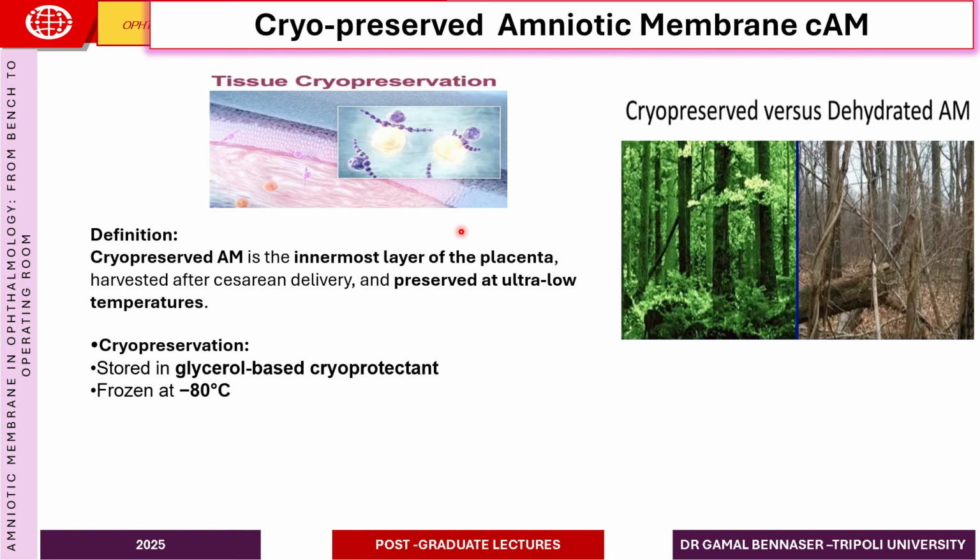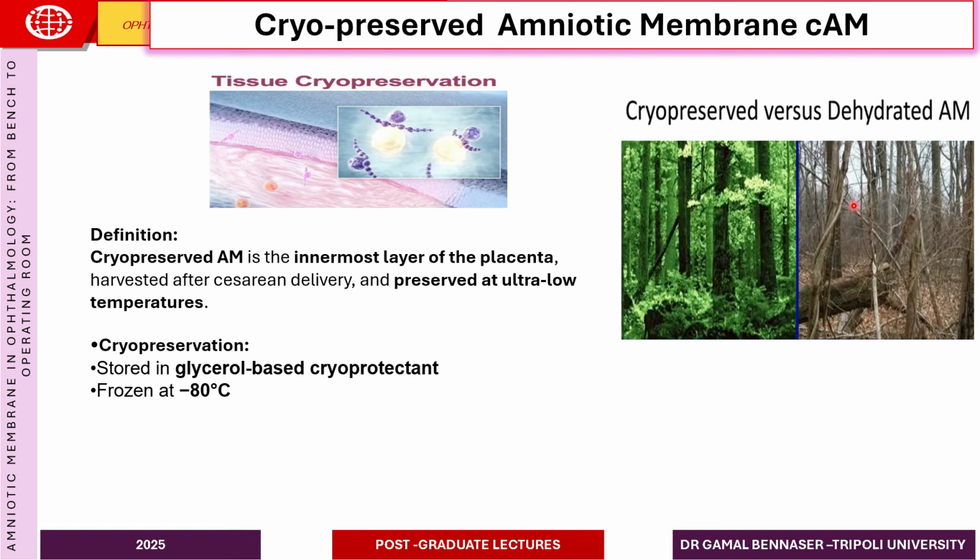This is the reason why a large amount of the growth factors and the extracellular matrix are preserved in this type of amniotic membrane. The cryopreserved amniotic membrane is the gold standard in clinical use due to its balance of biological function, flexibility, and surgical handling, both for surface reconstruction and advanced posterior segment surgery.